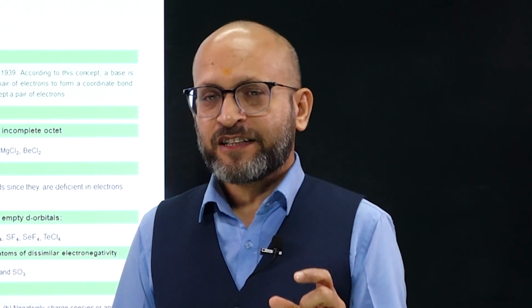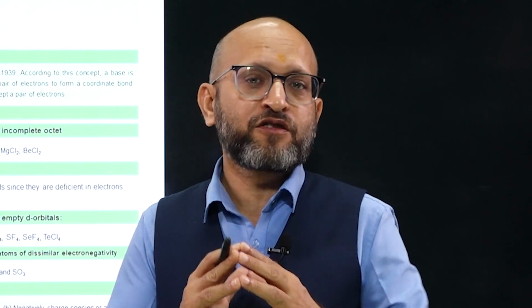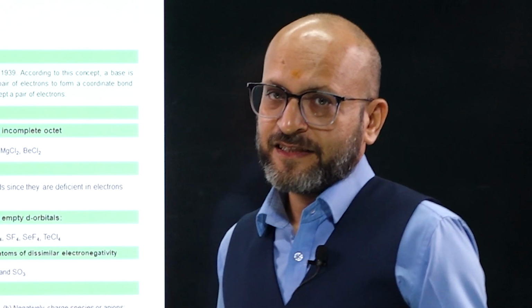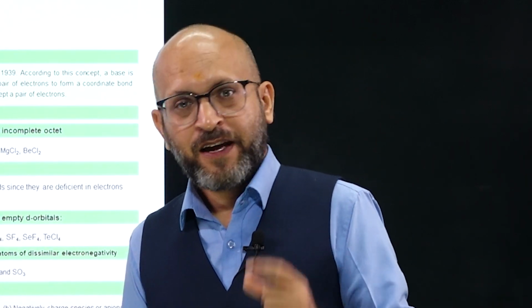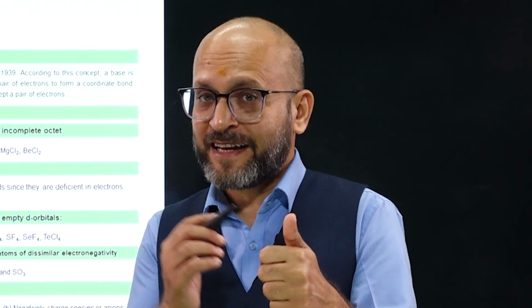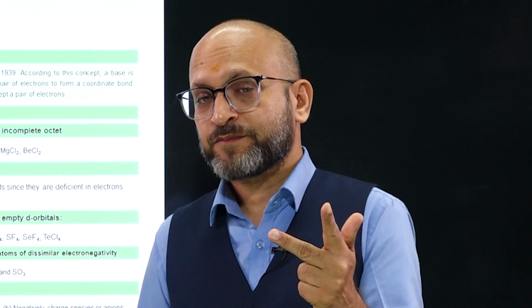If a pi bond is present between different atoms, then that molecule can also behave as a Lewis acid. So we have three categories: positive ions, neutral molecules having a vacant orbital, and a pi bond between different atoms, for example CO2, SO3. These are Lewis acids.